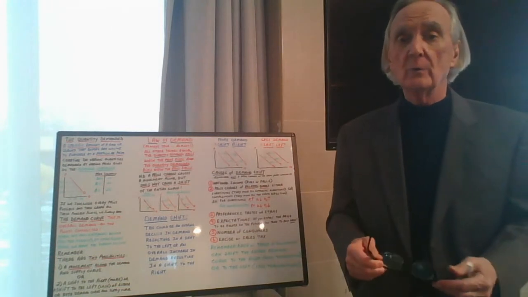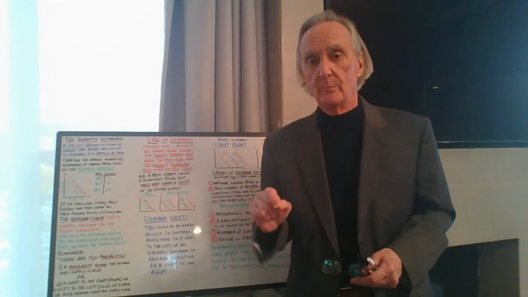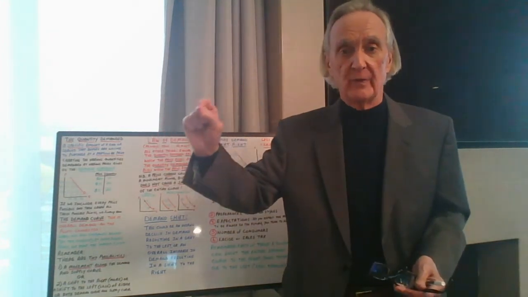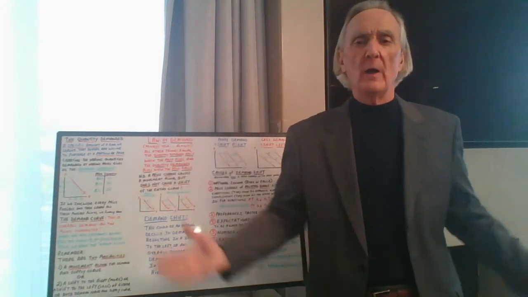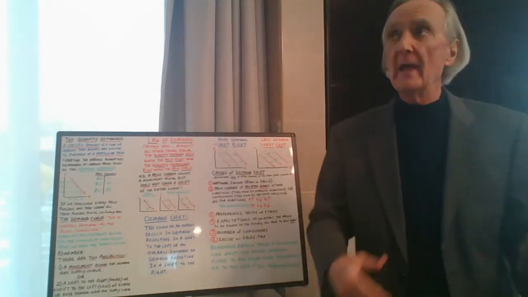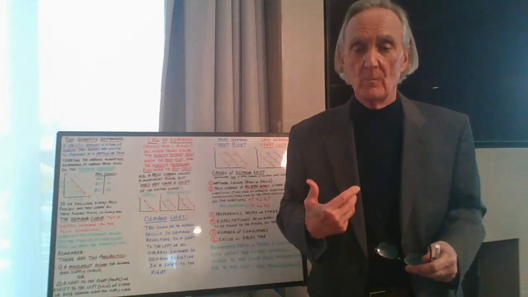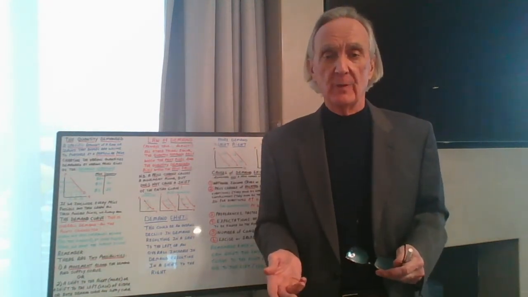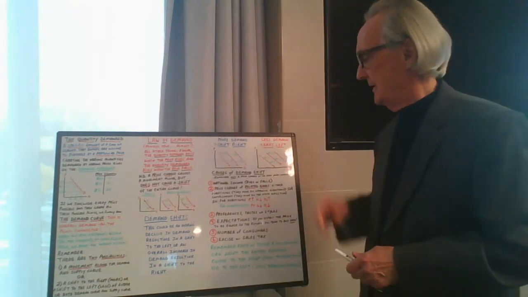A price increase causes a movement along, where, yes, if the price went up, you move from one point on demand to another point where there would be less that you would want. But a shift means that at every price level, less is going to be demanded, or at every price level, more is going to be demanded. That's the difference between moving along a demand or supply curve and a shift of the demand or supply curve.